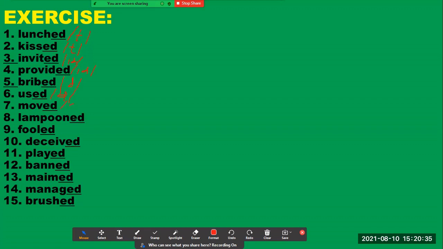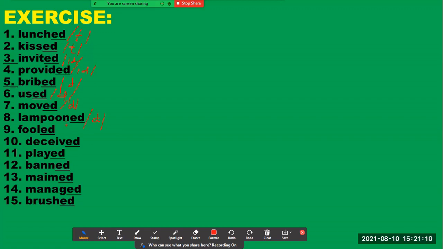The sound again is D. In number 8, the sound is also D, in lampooned, because N is a voiced sound. It is a nasal. All right. So it is lampooned.